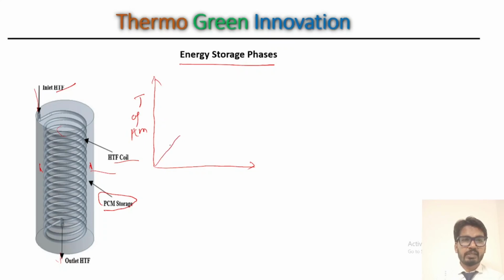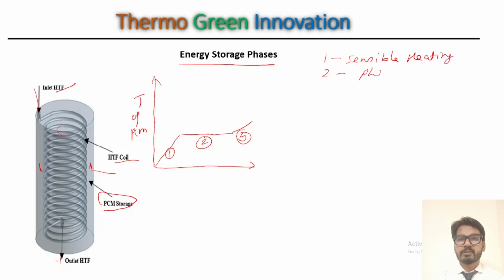It will go like this, and once the melting point is reached, the graph becomes horizontal, and once complete melting of the PCM takes place, it will again undergo sensible heating. So this is sensible heating, number one. Number two is the latent phase change phenomenon. Graph 1 represents sensible heating. Number 2 represents phase change.